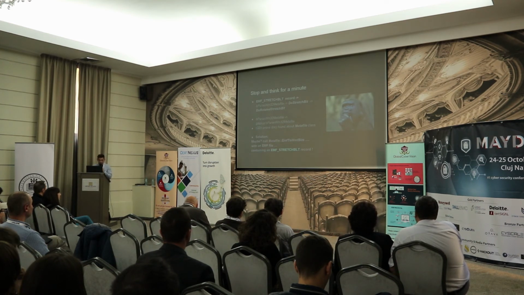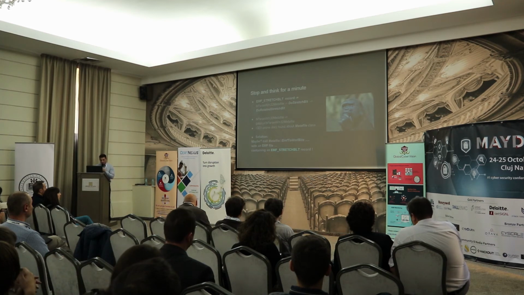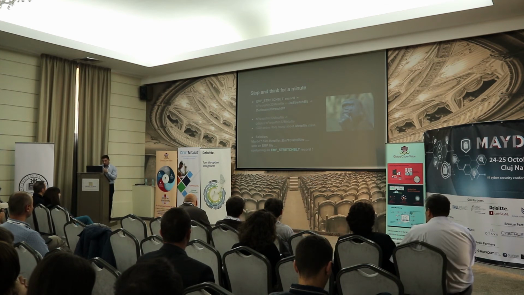And so we have to make this chain of calls, starting from the Metafile EmfToWmfBits method using the Microsoft API, and hopefully with the right kind of coding, we will manage to reach our vulnerable method. But as you see, it's very convoluted and it's a lot of work to do. So at this point, I decided that this is exactly what I have to do. I have to create an EMF file that contains an EMF stretchBLT record and make that certain API call. Hopefully, it will reach our vulnerable method.